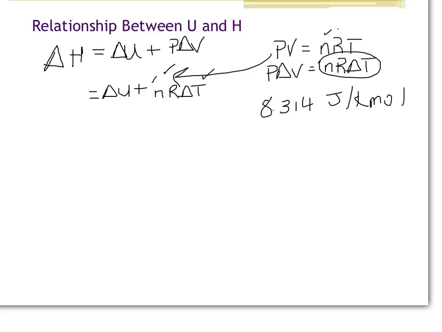If we know these three things, then we can relate the value of delta U to delta H. So therefore, to calculate delta U from delta H, we would simply rearrange the equation to make that relationship.